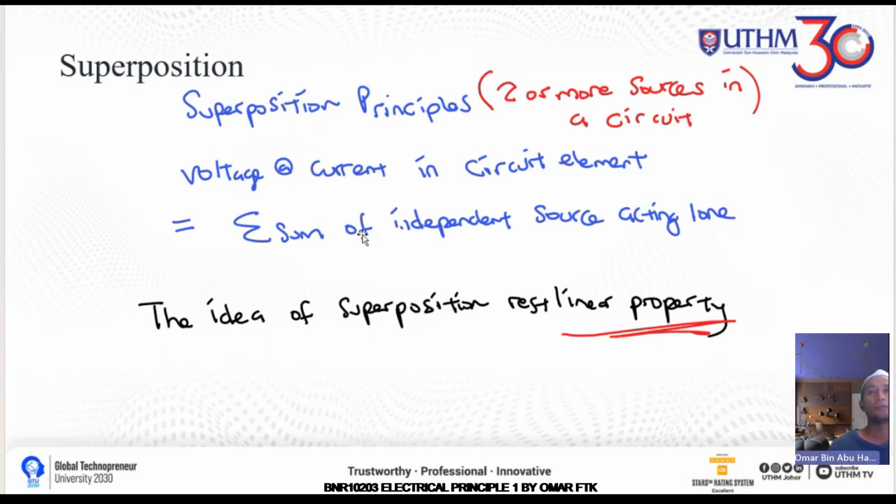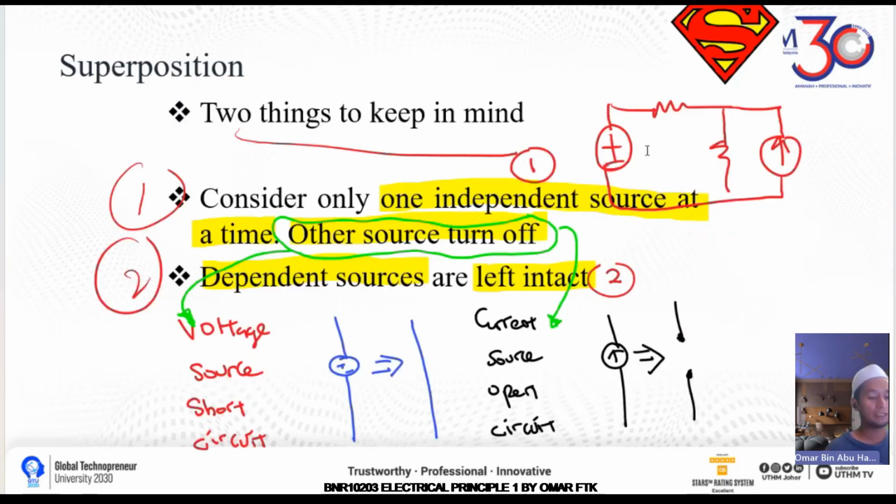That means if you have two, then you have to do two analyses, one at a time for each source. For example, if you have this voltage source, and this one is a current source, you have two steps of analysis. First for this one, and then for this current source.